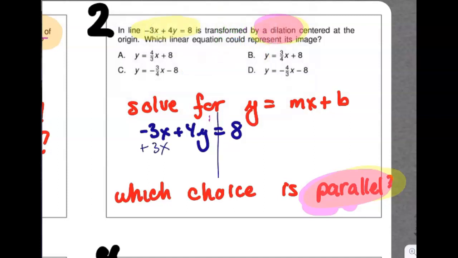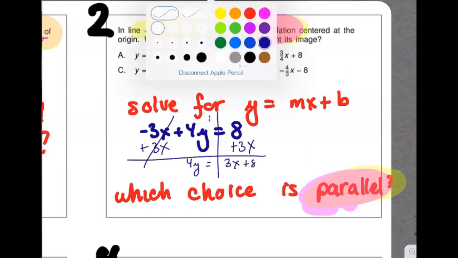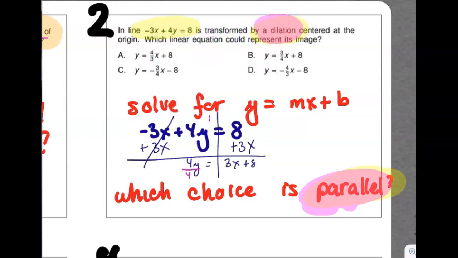I'm going to add 3x to both sides, and that leaves me with 4y equals 3x plus 8. Then I'm going to divide by 4 everywhere, and I end up with y equals 3/4 x plus 2. So all I did is make it to be in slope-intercept form.